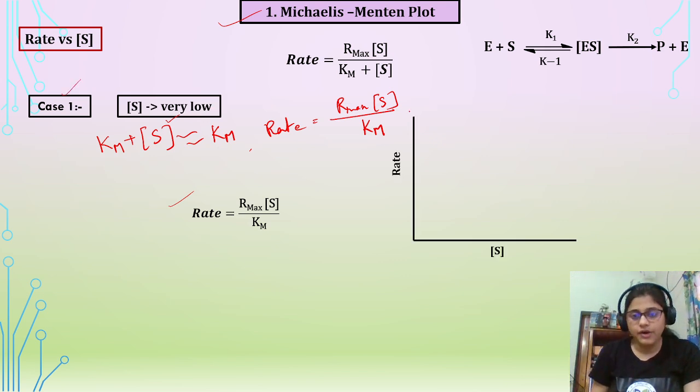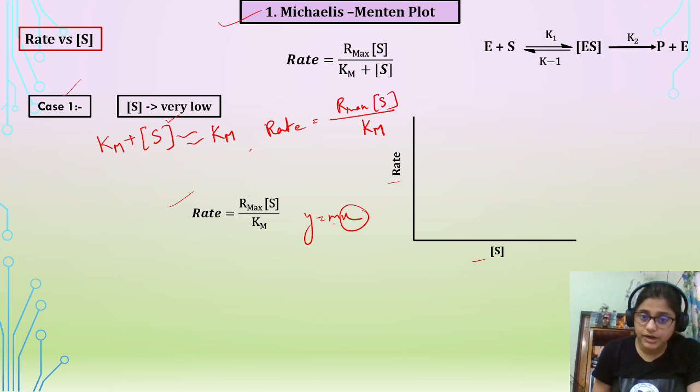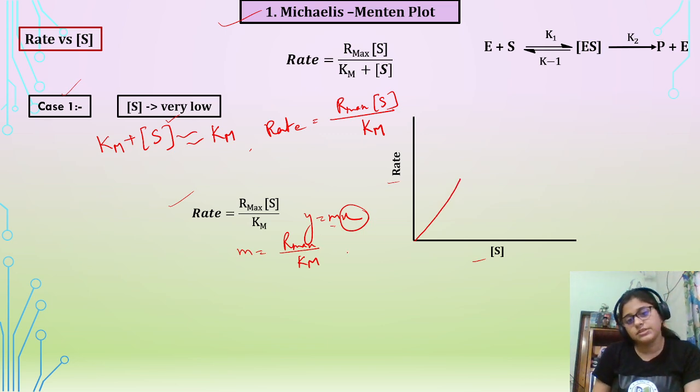Now if we want to plot rate versus S, we can compare with the equation y equal to mx, right? X is S, rate is y, and the slope M will be R max by Km. Fine. Y equal to mx means it will be a straight line from the origin, with a positive slope. So it will be like this.